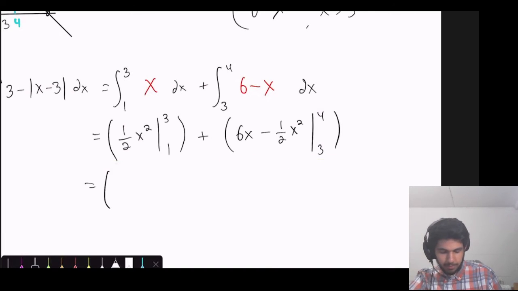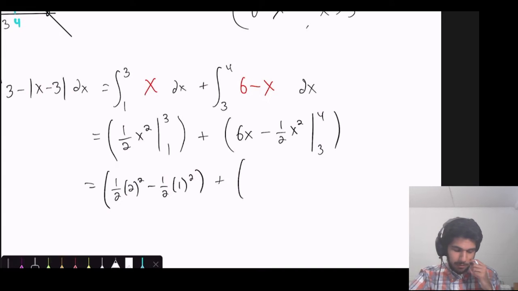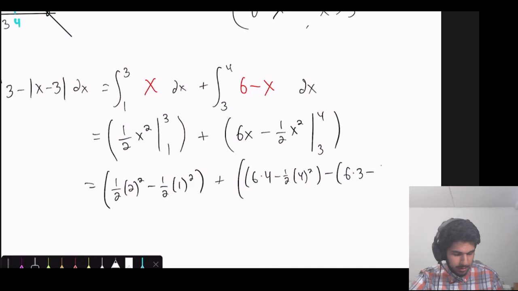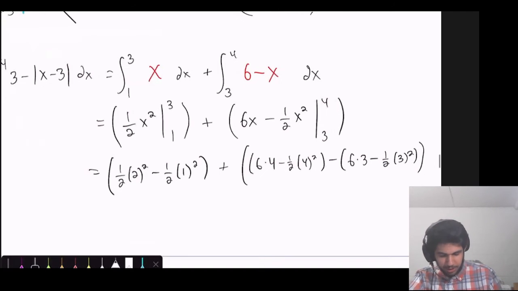For the first term, we plug in 3 squared, and then we subtract when we plug in 1 squared. And then we do the same thing for the right term. First we plug in 4 squared, and then we subtract the same thing but with a 3 in it.